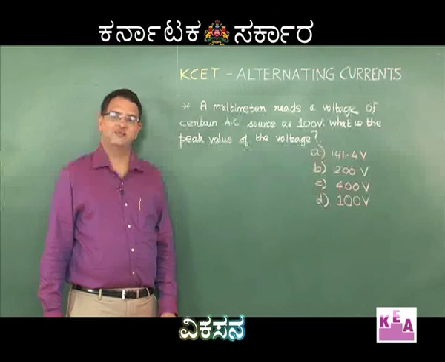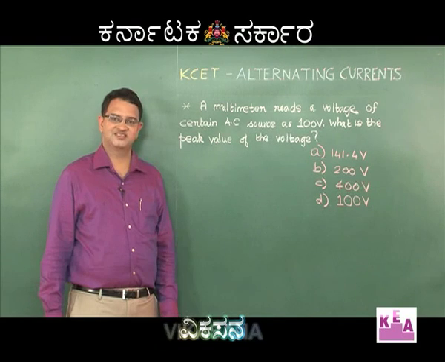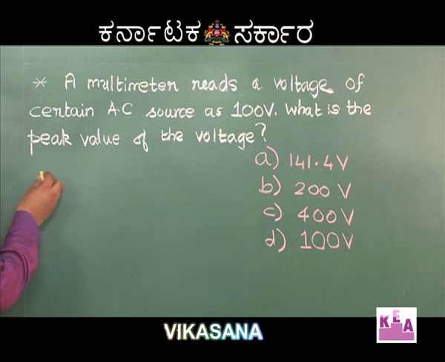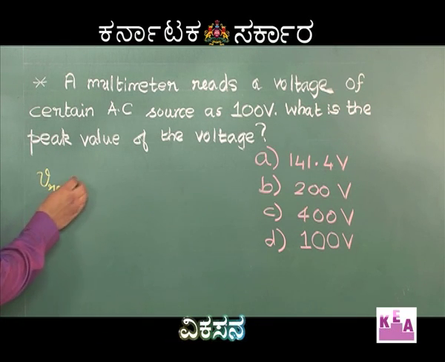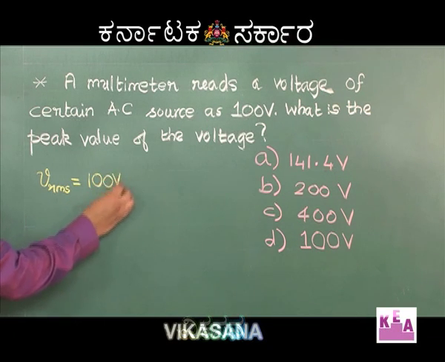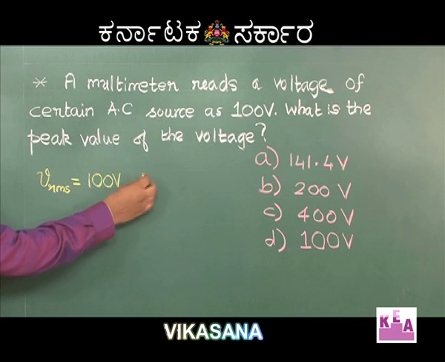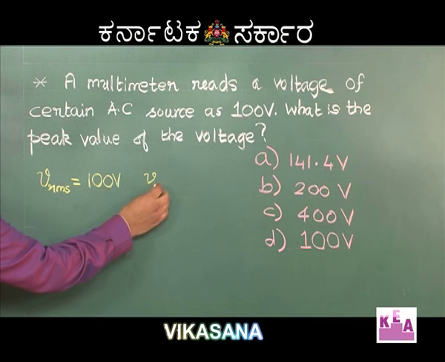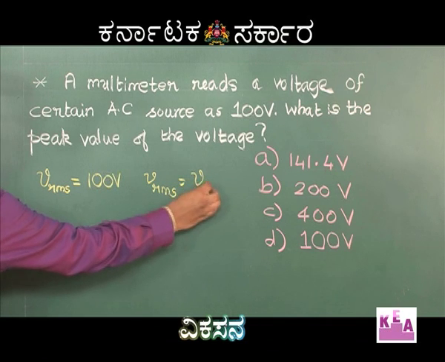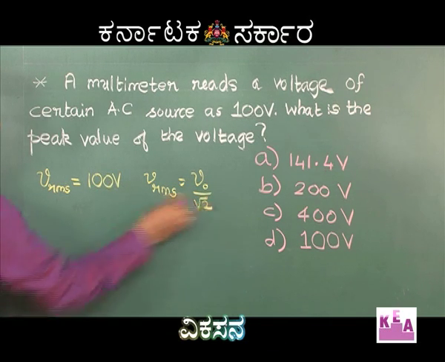We know that a multimeter always measures the RMS value of the voltage. So now if you see, the RMS value of the voltage is given to be 100 volts. We know the formula that Vrms is equal to V0 upon root 2.